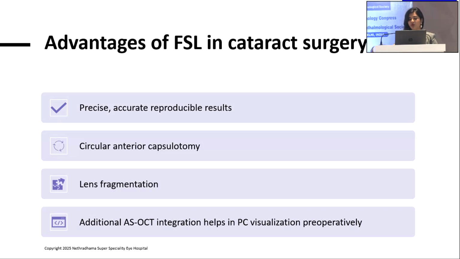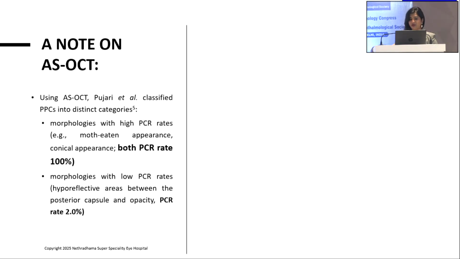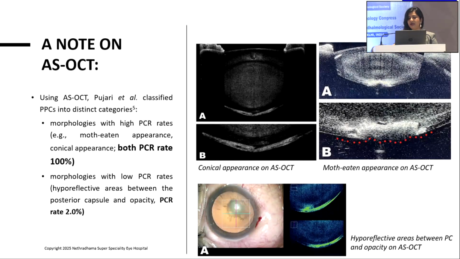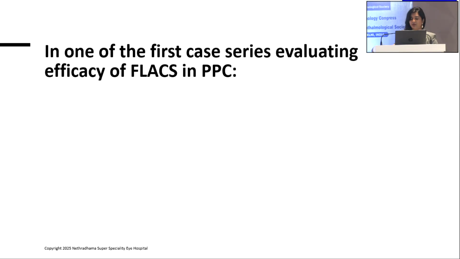It helps you also with the lens fragmentation, and as a note, AS-OCT can really also help you visualize the PC properly. So just a note on AS-OCT, in our practice we always use the AS-OCT preoperatively to check whether there is a PC dehiscence, but for all PPCs we advise FLACS.